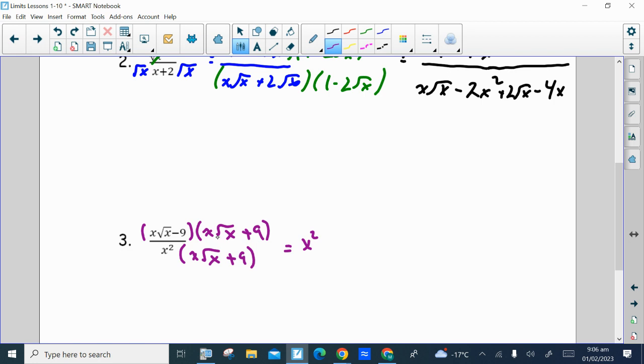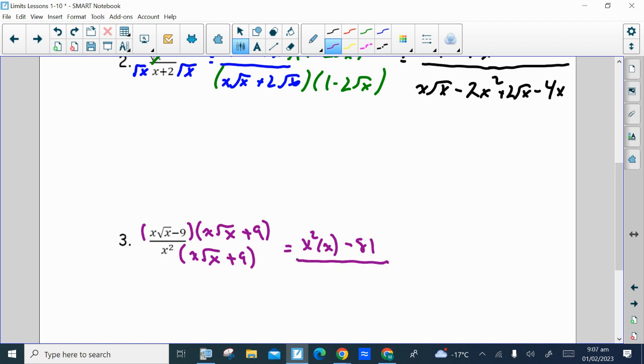And then when you multiply the root x by the root x, you'll get another x. The outer products would be positive 9x root x. The inner product would be negative 9x root x. They cancel. The last term's negative 9 times positive 9 is negative 81.